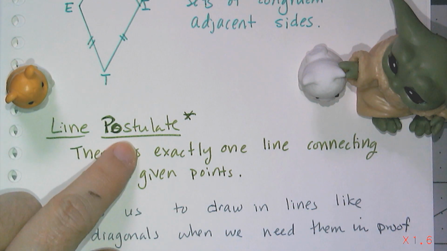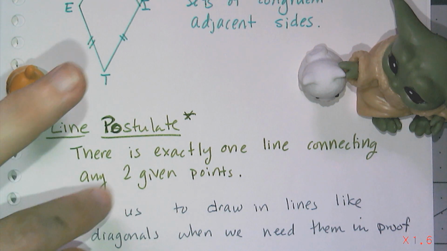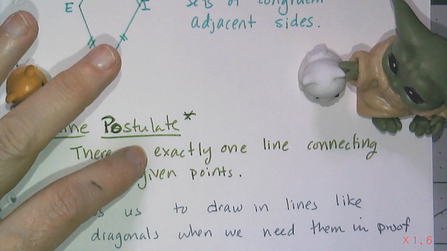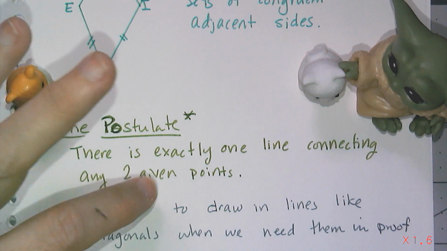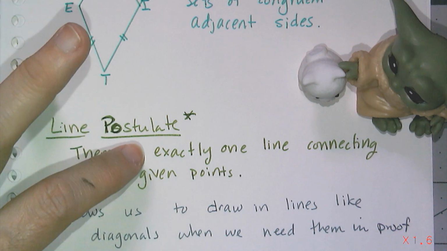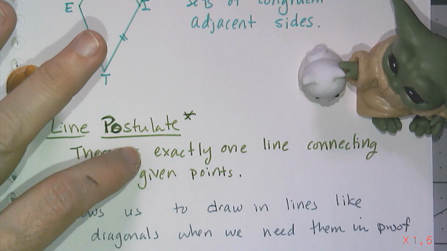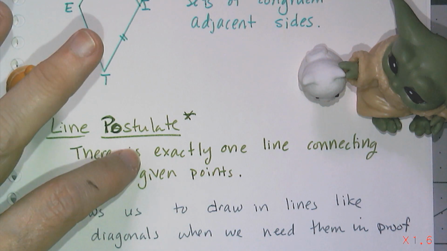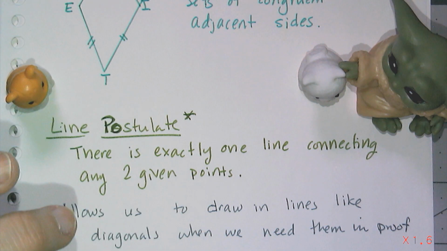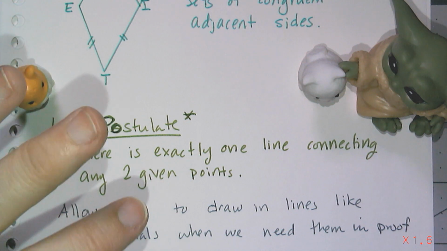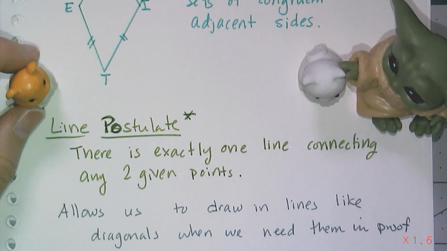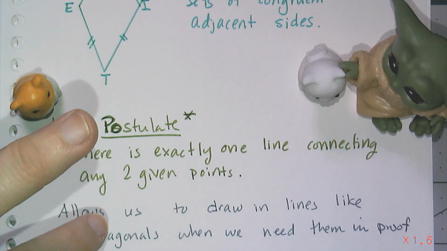Now, a postulate is a different word. We're used to having conjecture, but postulate is something different. It is a special kind of property, a property that we accept as true without proof. They are the fundamental properties that make geometry work. And in Algebra 1, we called those fundamental properties axioms.